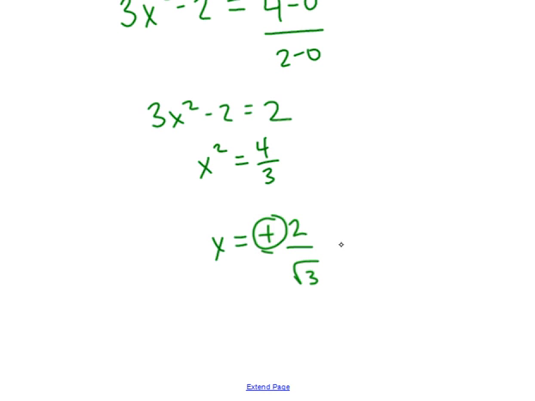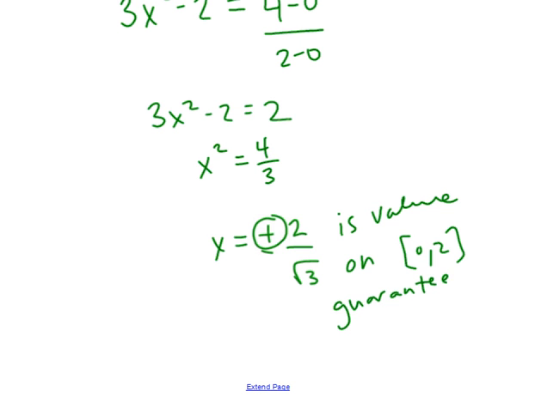So x equals positive 2 over root 3 is the value on the interval from 0 to 2 guaranteed by the mean value theorem.